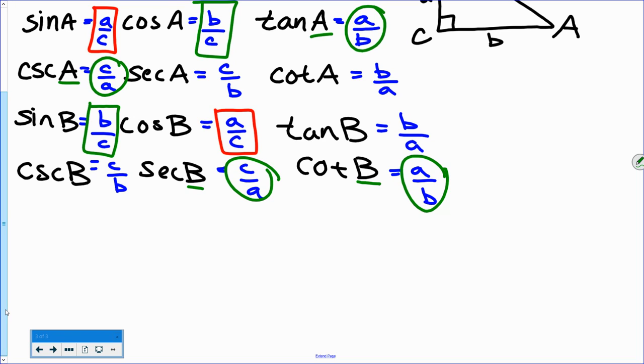Of what cofunctions are. So, cofunction identities.